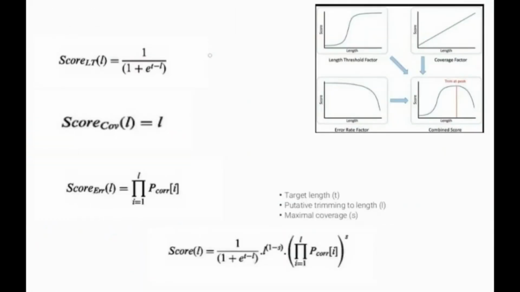The first factor models the length threshold concept, where a read should be at or above a minimal length for it to be useful in the downstream application. I mentioned how very short reads are too ambiguous to be informative. We also have the other extreme, the long reads that cannot be uniquely mapped to locations in the target sequence because they originate in a repetitive region.